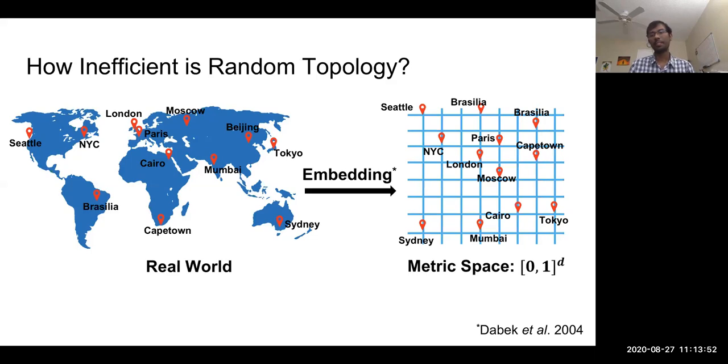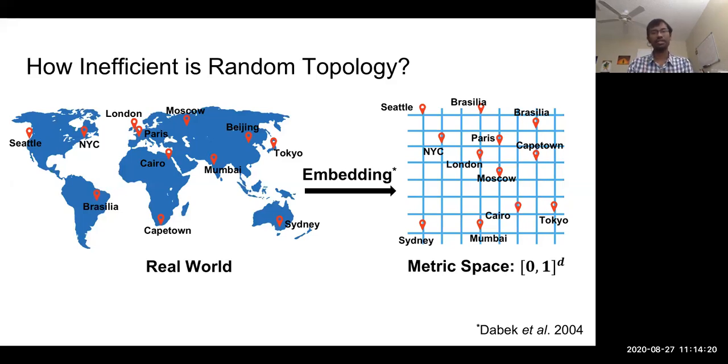And for this, I'm going to be using a line of results from the network systems community which say that nodes on the internet can be embedded or mapped onto a metric space such that the point-to-point latency between any two nodes on the internet corresponds to the distance between the two nodes in this metric space.